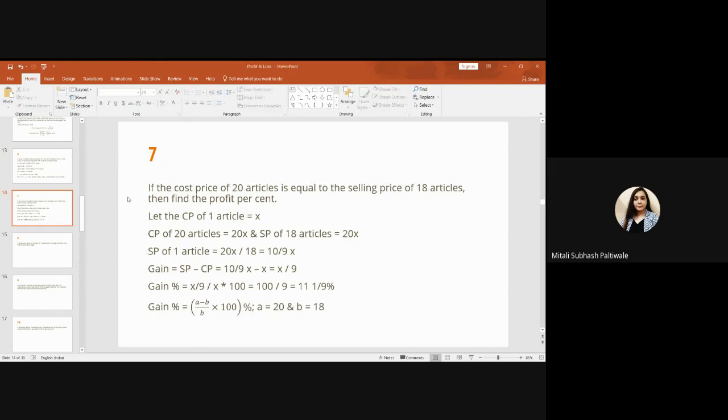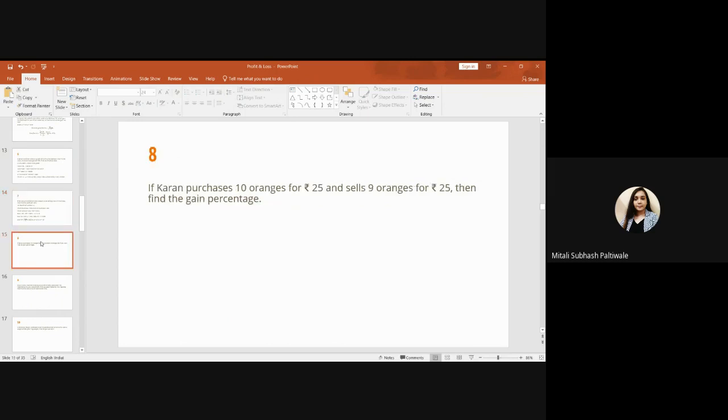So you can just put down the formula and find out the answer. 20 minus 18 by B, that means 20 minus 18 by 18. So 2 by 18 into 100. 2 by 18 will again give you the same answer, 100 by 9. So that's why you'll get 100 by 9, and the answer is 11 1 by 9.